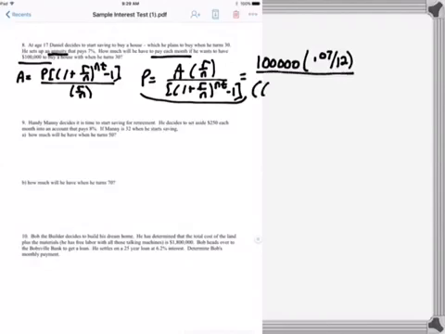When you put that in your calculator, remember not to use brackets, but parentheses twice. 1 plus 0.07 over 12 to the 12 times 13 minus 1. And the other thing with all these compound interest problems is to remember that if you're going to let the calculator figure out that exponent, 12 times 13, to use grouping symbols around that, unless you have a calculator that already defaults to doing that.